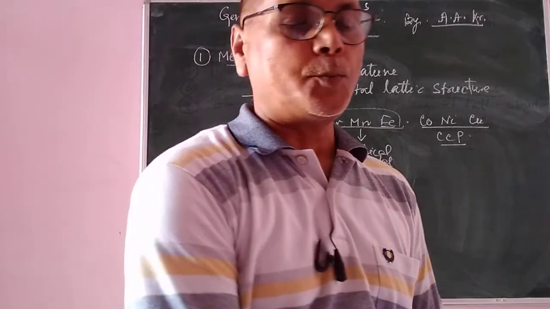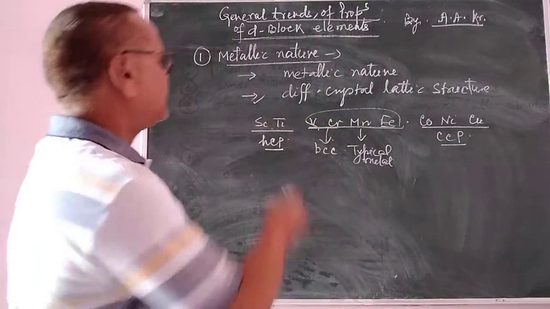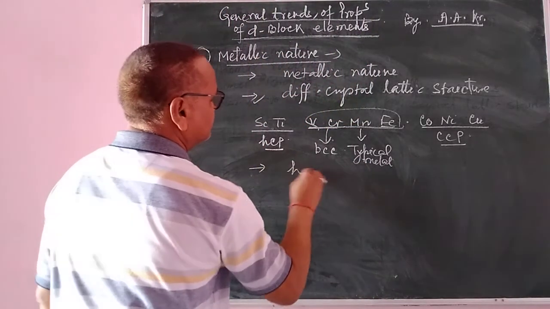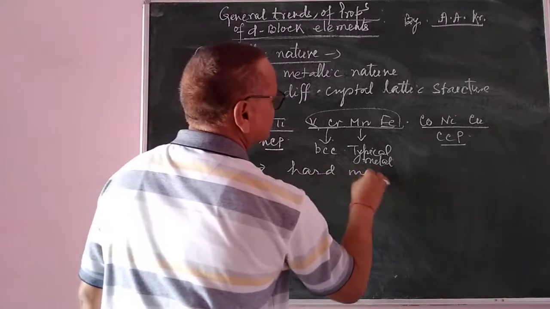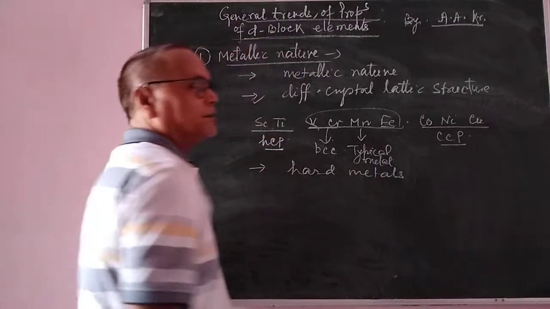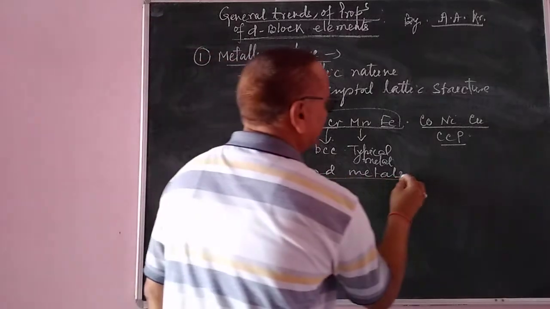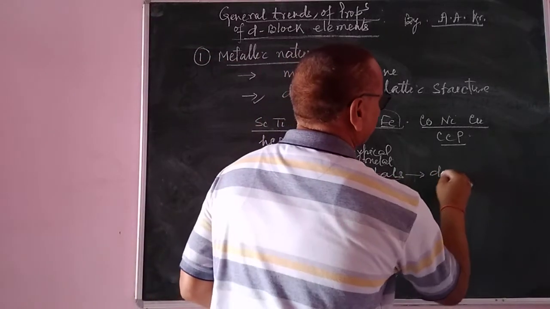The next property: these metals are hard metals. But the hardness of the metals depends upon the number of unpaired electrons.